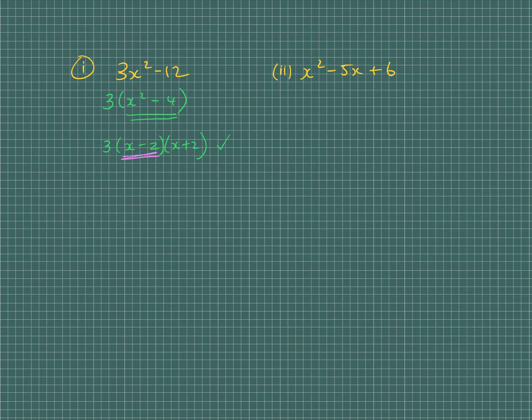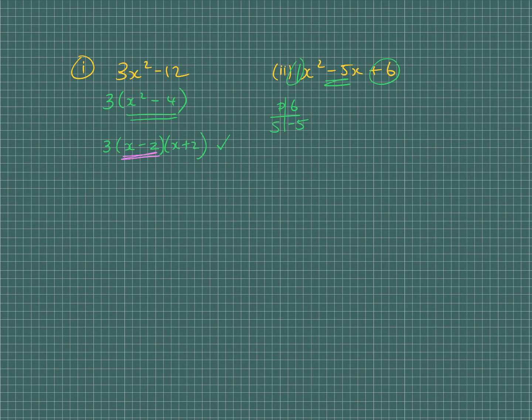For the next one, likewise, there's no common factor. It's not a difference of 2 squares. So of course we think it's going to be a product and sum, where my first number is 1 and my last number is 6, so 1 times 6 is 6, and of course the middle number is negative 5, that's my sum. Now don't get concerned with what number is negative, etc. I really don't mind that.